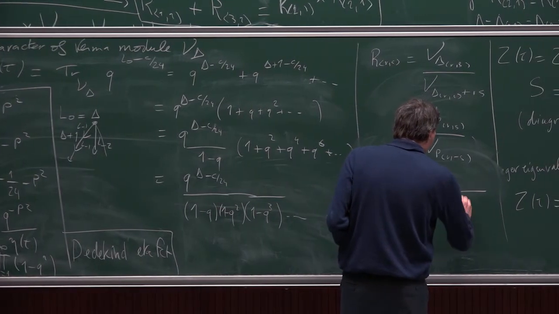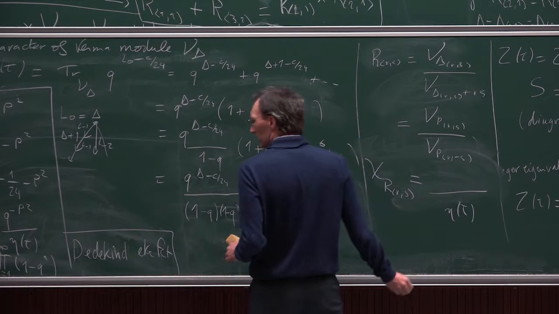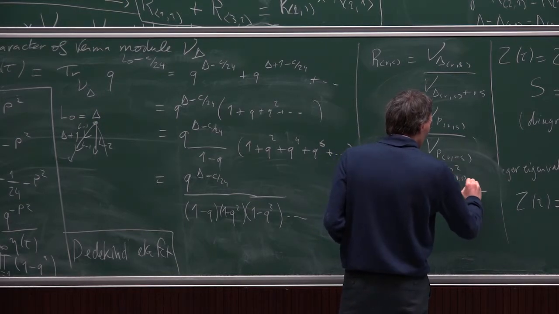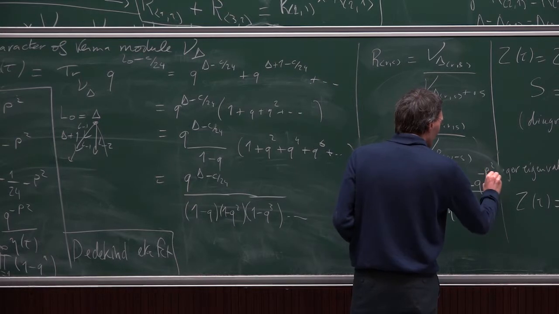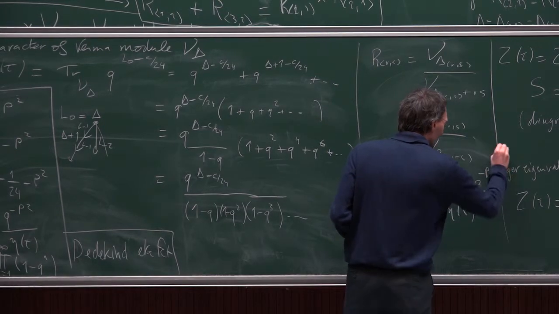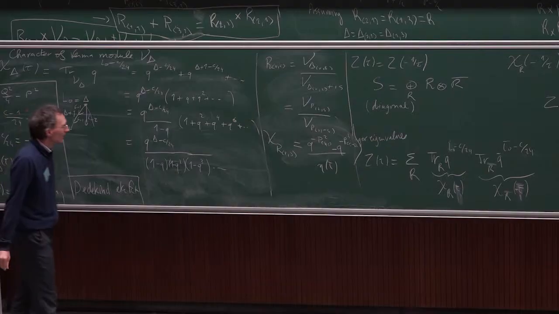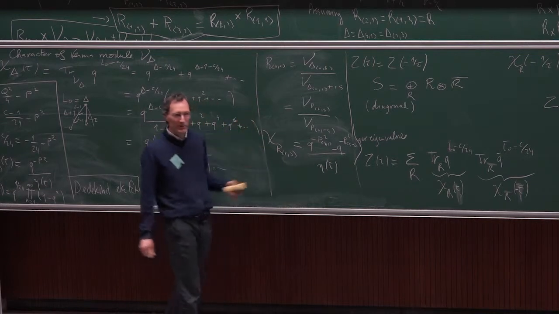So they have this eta function in the denominator. Well, I define it as eta of tau. And then in the numerator, you have q to the minus p squared rs, minus q to the p squared r minus s. So that's simple enough, but that's true only for these simply degenerate representations.